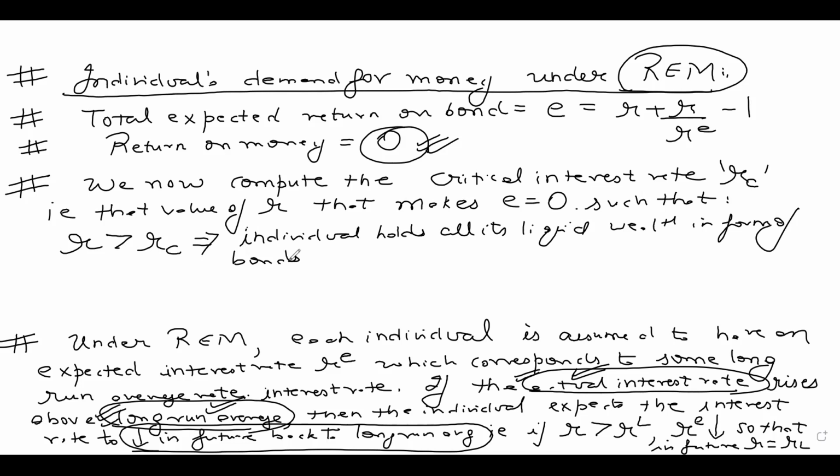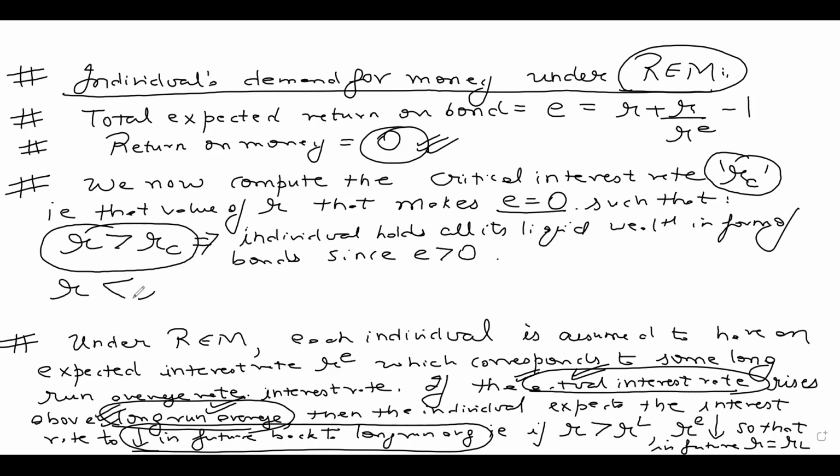Because guys, when R is exactly equal to the critical interest rate, E is equal to 0. When R is going to exceed the critical interest rate, the returns from holding bonds is going to go up. So the individual is going to hold all its liquid wealth in the form of bonds, since E will be greater than 0.